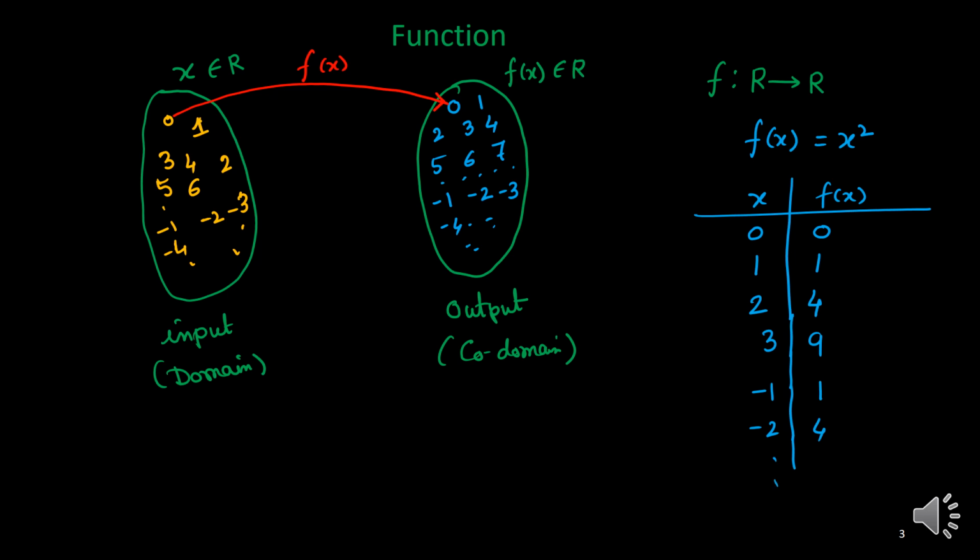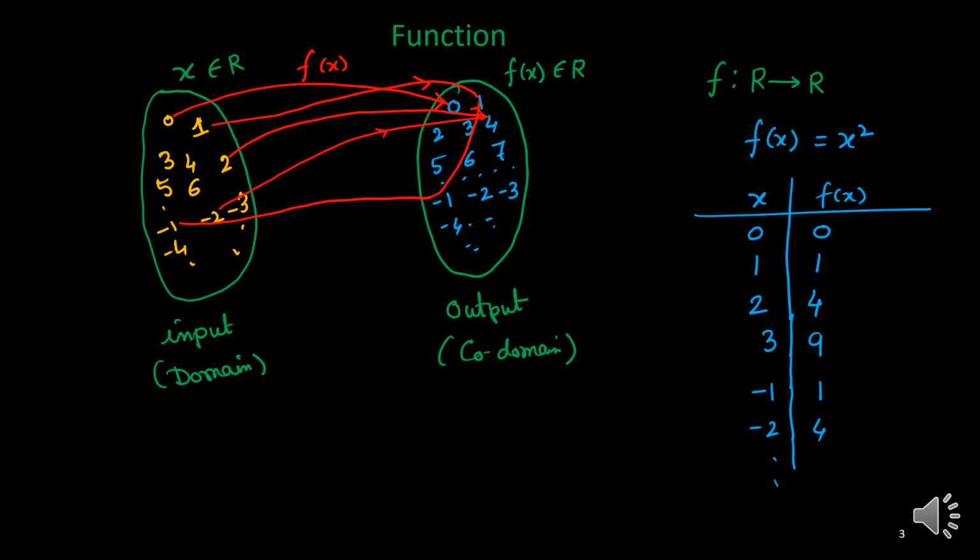Now when x is 2, f of x equals 4, so 2 is mapped to 4, and 1 is mapped to 1. 3 is mapped to 9, which I am not showing here. -1 is mapped to +1 again, and -2 is mapped again to 4.